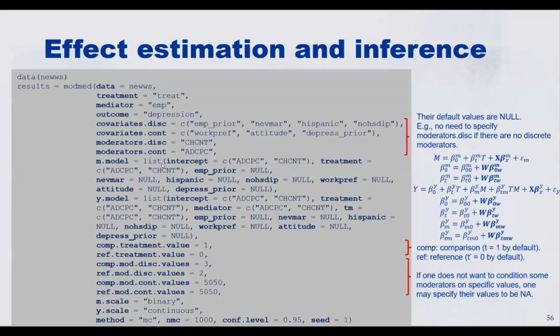You just tell the program that the intercept is a function of the moderator, treatment is a function of the moderator, and theoretically speaking here, in my example, I argue that the covariate coefficients are not moderated, so they're equal to null. And then the outcome model is specified in a similar way.